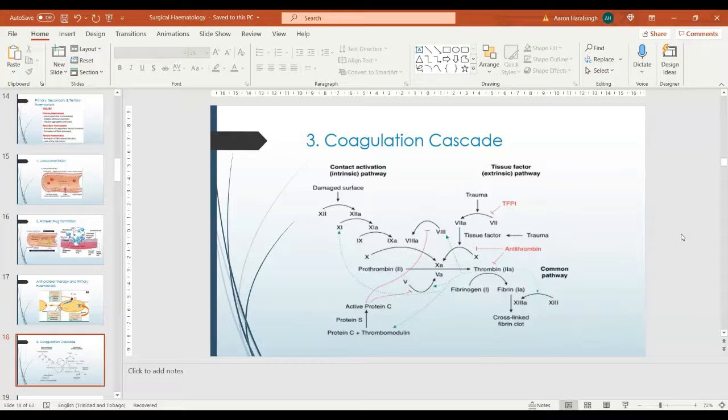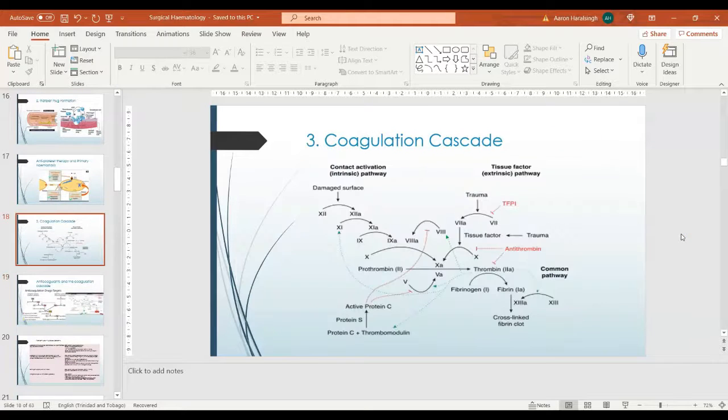Now, when we have factor deficiencies, for example, factor 8 deficiency, it results in hemophilia A. A factor 9 deficiency results in hemophilia B, as we mentioned, which is called Christmas disease. Now, in testing these, we have a few tests.